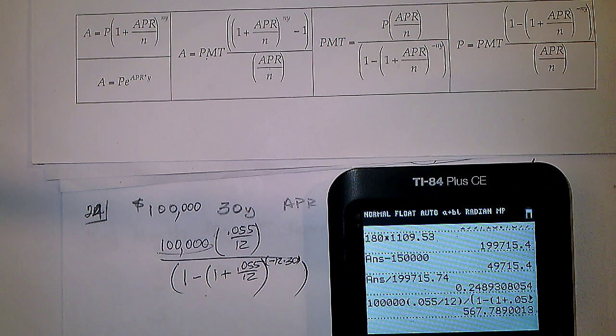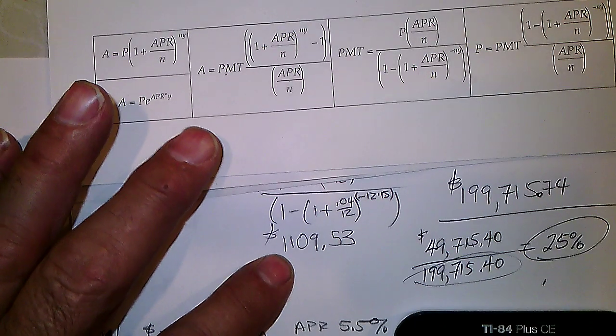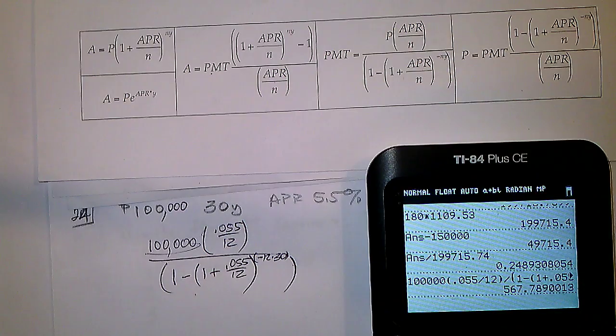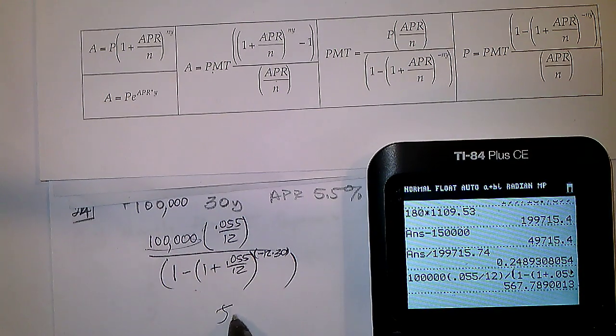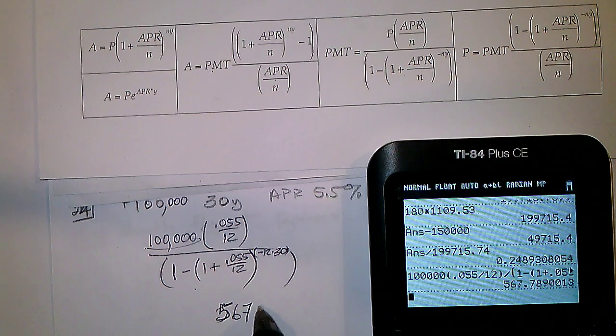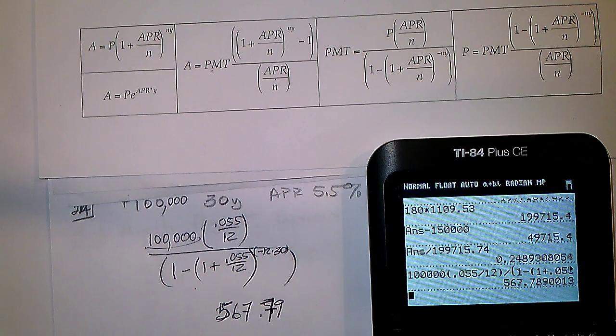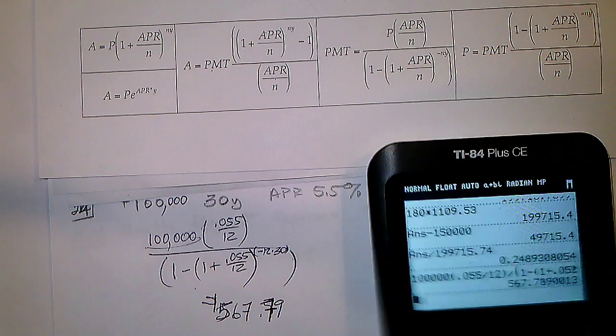We're borrowing less, and we're paying for a longer time, so our payment is way smaller. As before, it was $1,109. This time it's only $567.79. That's our payment amount.